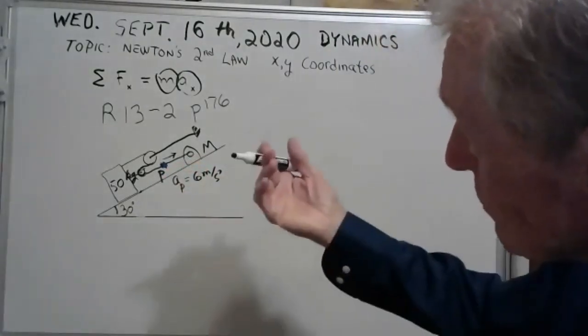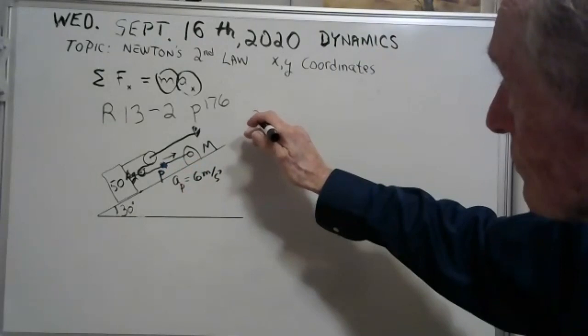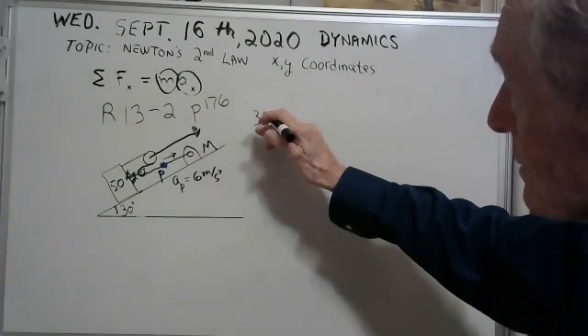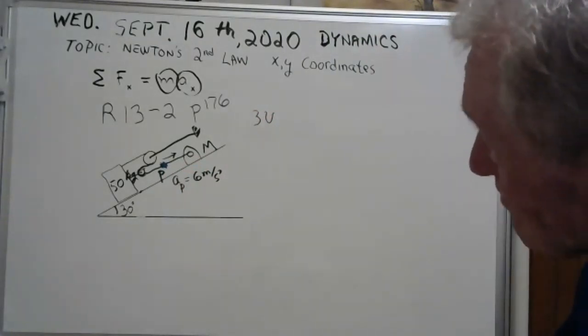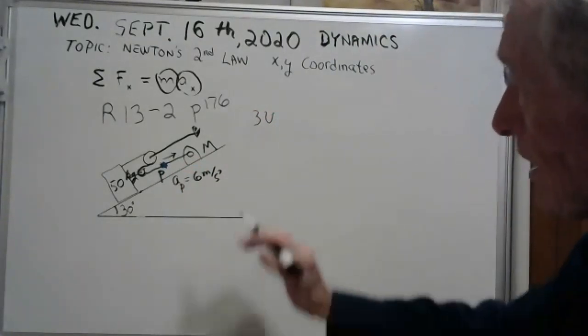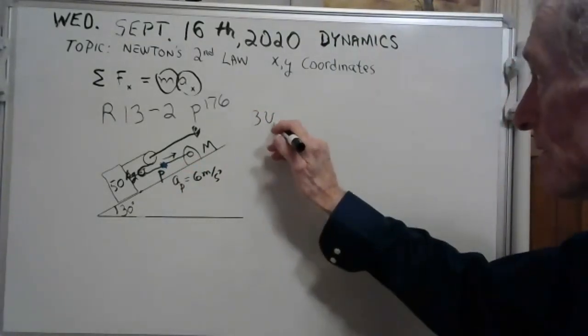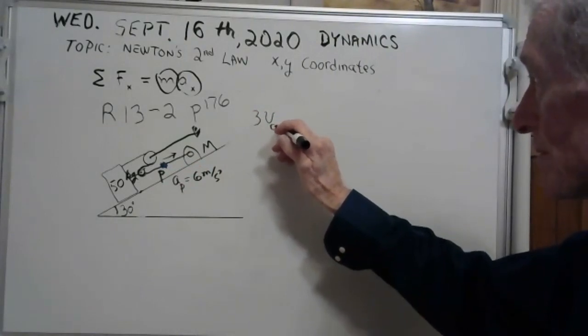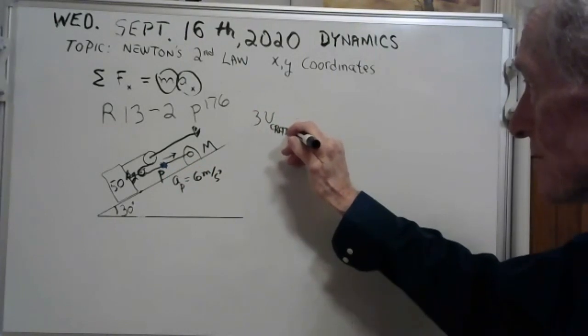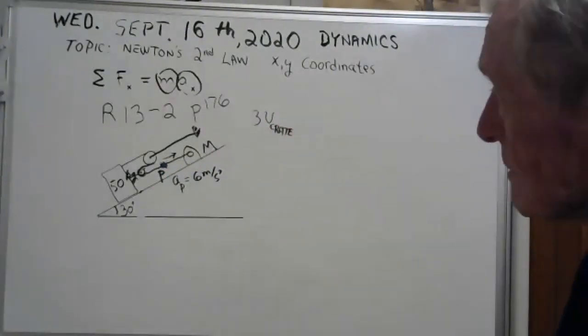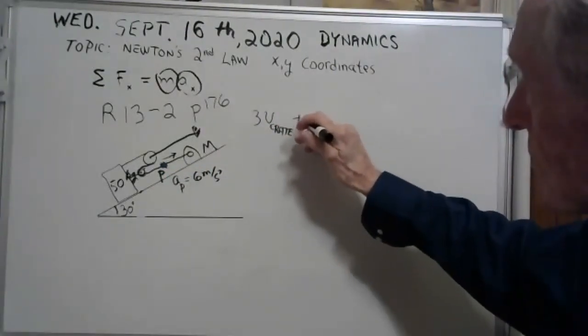So the way you write that equation is you go 3 times the velocity of the crate. They didn't give it a name. We'll just call it crate, C-R-A-T-E. 3 times the velocity of the crate.